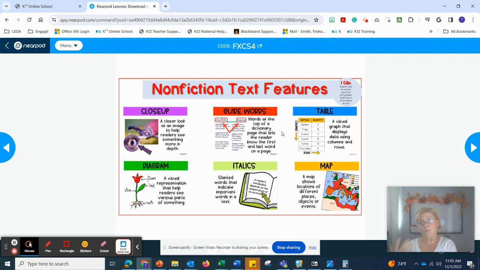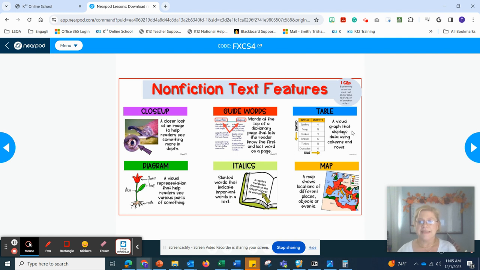But if you have multiple pages, you're going to use the guide words. Especially if you have multiple words with C's, the guide words help you narrow down what page you're going to go to. If I'm looking for a word that starts with clownfish, am I going to start on the cat page? No, I'm going to go to the CLs.